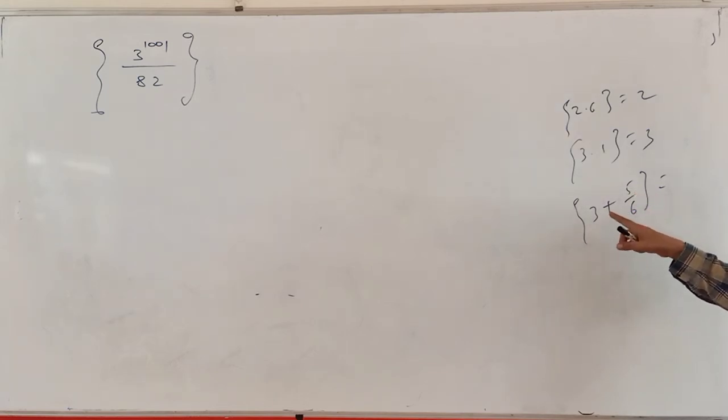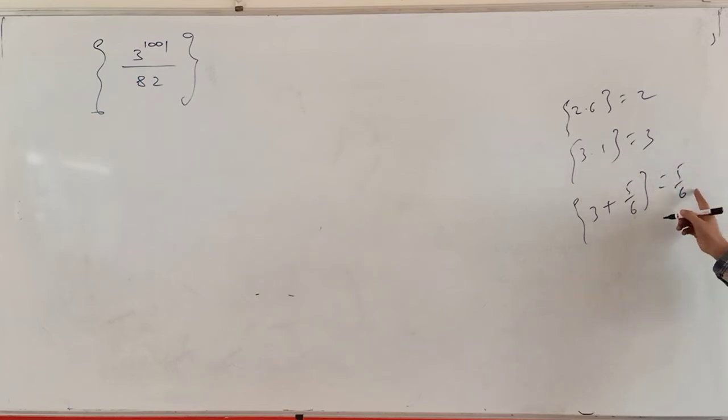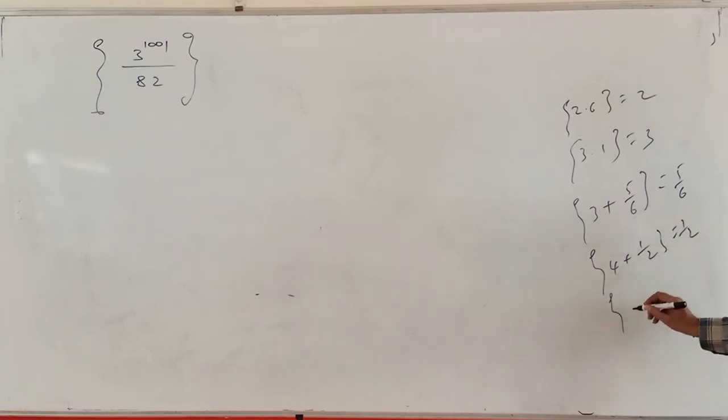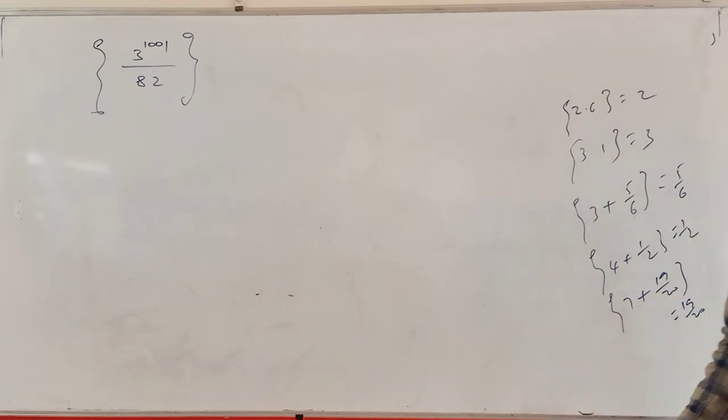So the fractional part of an integer plus a fractional number is that fractional number, 5 by 6. Fractional part of 4 plus 1 by 2 is 1 by 2. Fractional part of 4.5 is 0.5. Fractional part of 19 by 20 is 19 by 20 only, a small one by a big one is a fraction. So that is equal to 19 by 20.